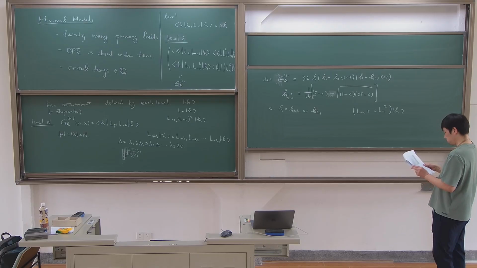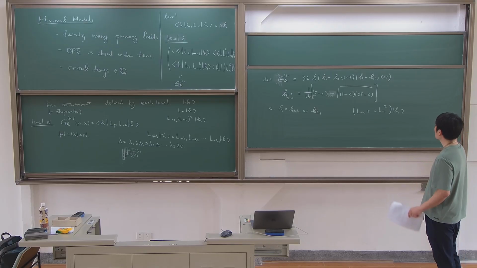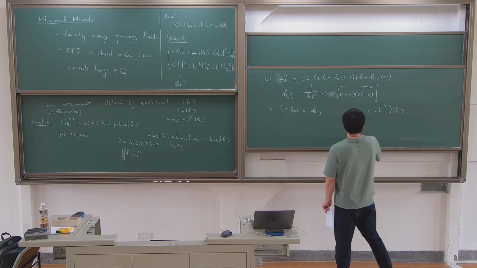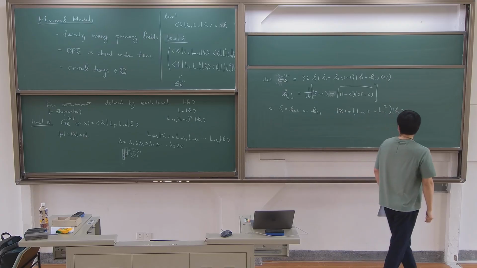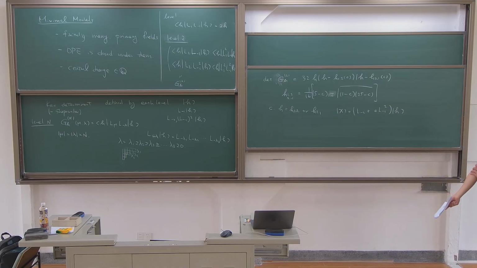Okay, so suppose you have this, let's call it χ. And then χ has a zero eigenvalue, which means what?